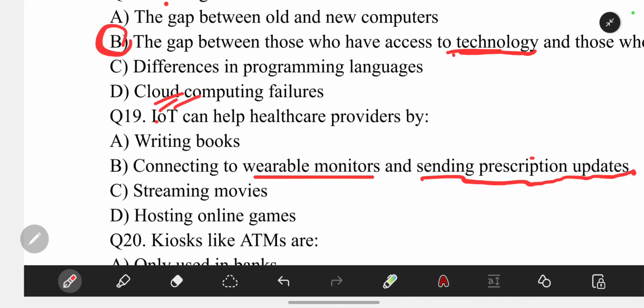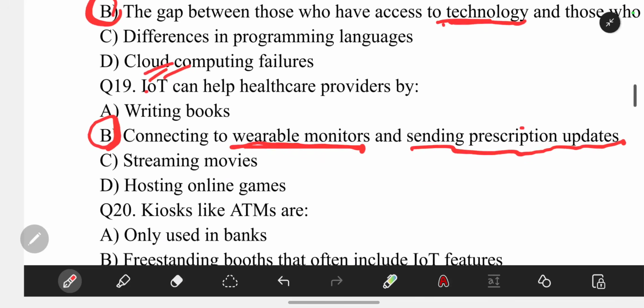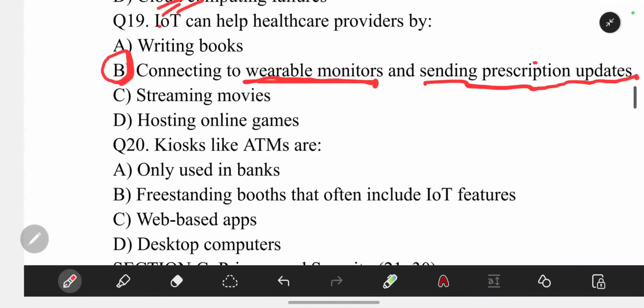There could be changes in how we handle certain cases depending on the innovations and the advancement in technology of a disease, cure and all that. So IoT can help healthcare providers because these are always connected to the internet, so they know what exactly is trending and what is new. So they are used in connecting wearable monitors and sending prescription updates.